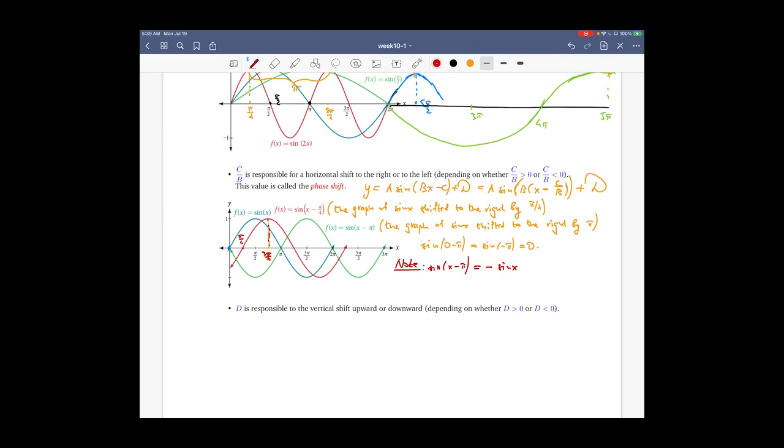Again, C is responsible for the horizontal shift, and the ratio C over B is called the phase shift.